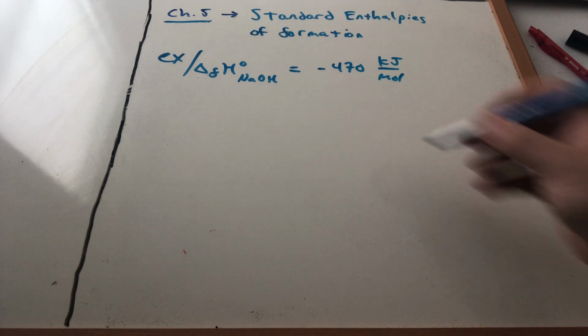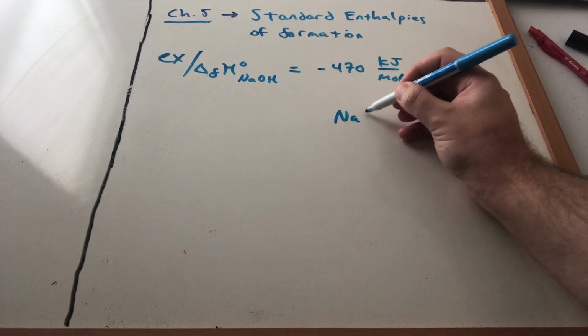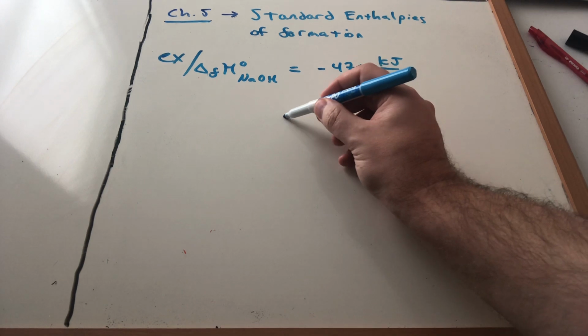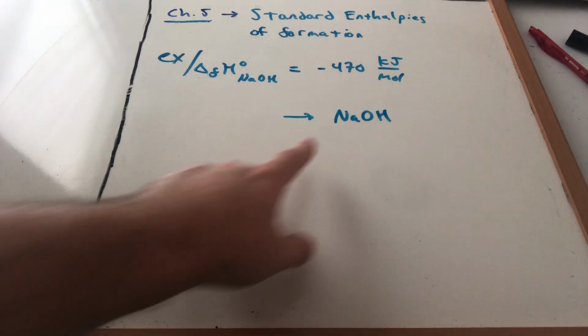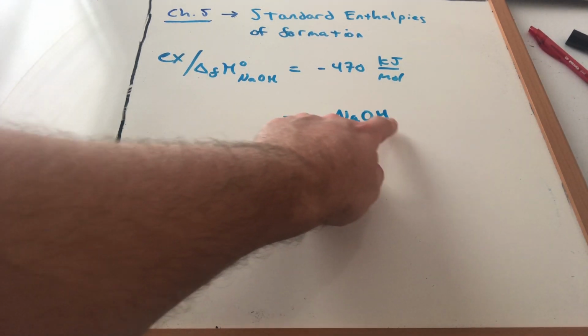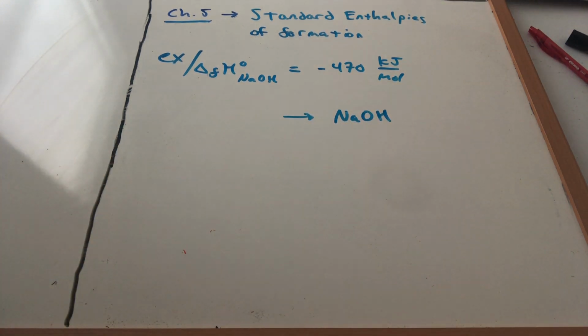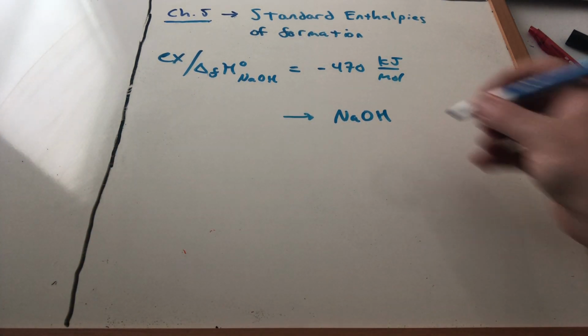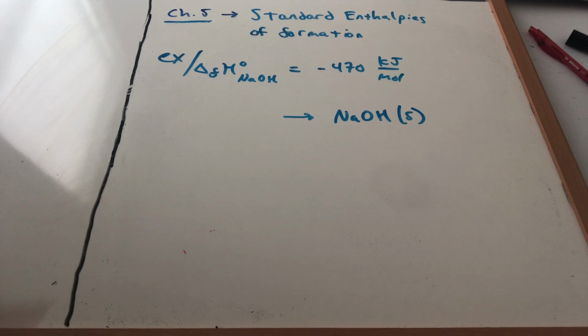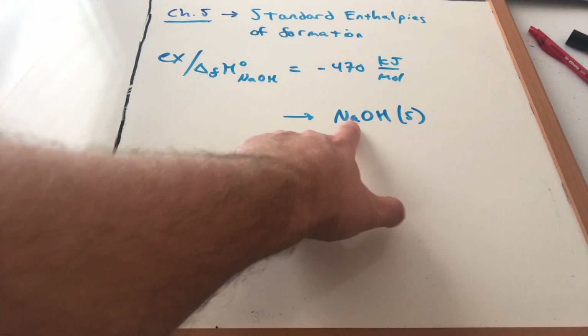So let's write the formation reaction for sodium hydroxide. What we do to write the formation reaction is go through each and every one of the elements inside the compound and try to decide what their elemental form is, and you put it on this side. So that's the first step.